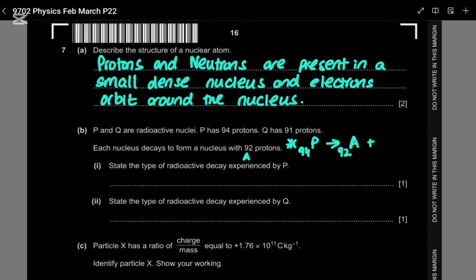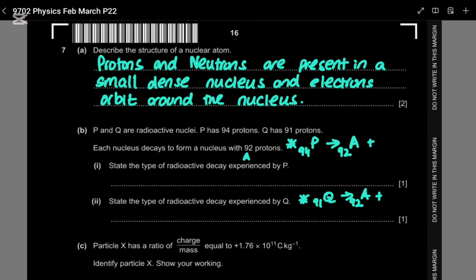Same for Q. Q has 91 protons and it forms A with 92 protons plus something.